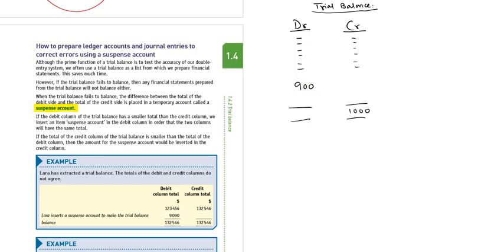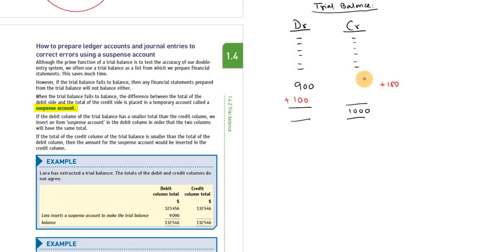We should know that there may be an error, maybe we missed writing 100 here. Either the error is an omission of 100 on the debit side, because if we do not add 100 here, 900 stays 900, or in the credit side we added 100 more in the total.